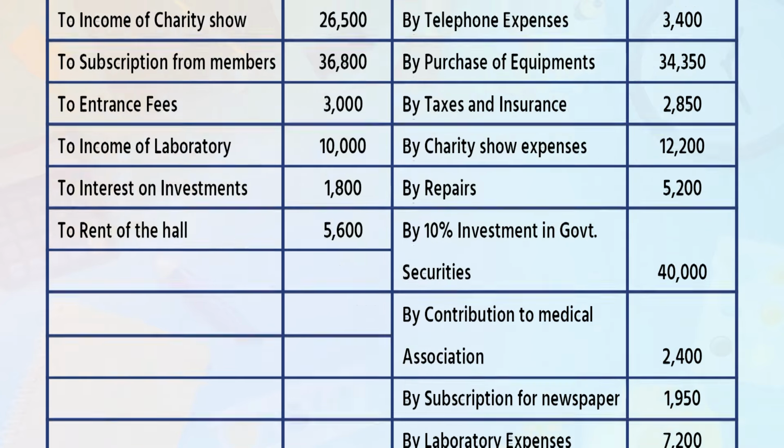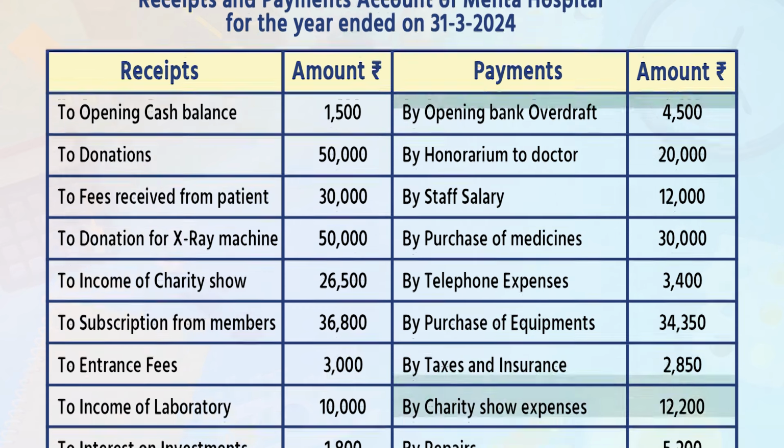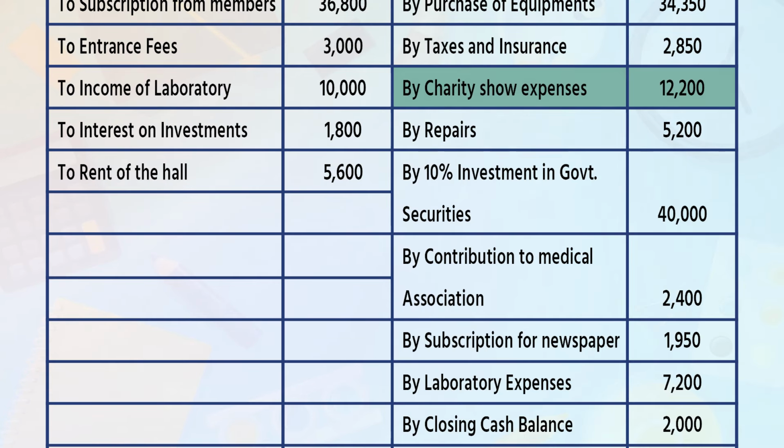2,15,200. Now payment side. Here first we will see the opening bank overdraft, which is 4,500, honorarium to doctor 20,000, staff salary 12,000, purchase of medicine 30,000, telephone expenses 3,400, purchase of equipments 34,350, taxes and insurance 2,850, charity show expenses 12,200, repair 5,200, 10% investment in government security 40,000, contribution to medical association 2,400.